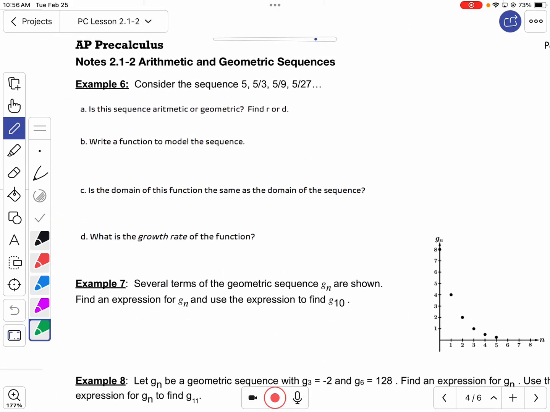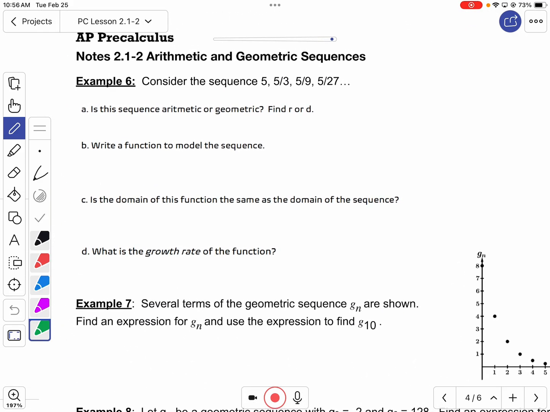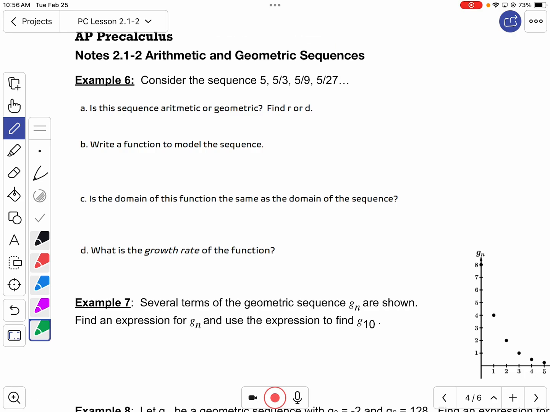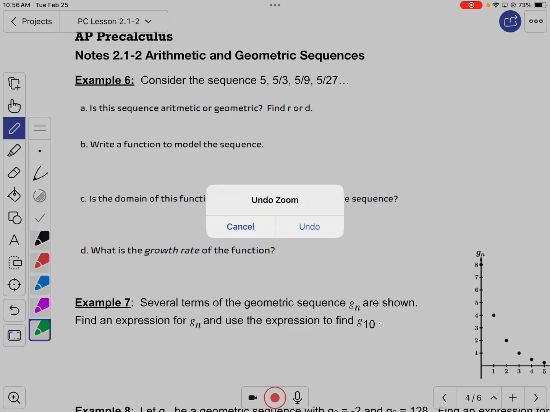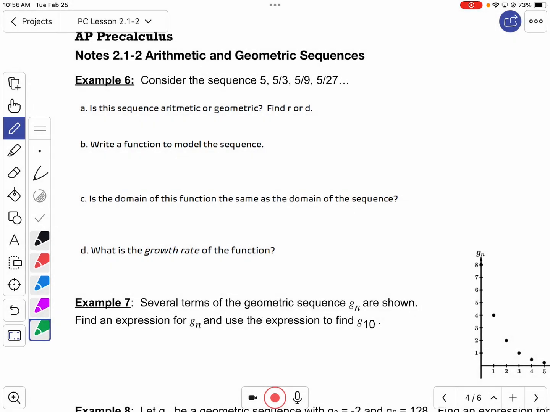All right, check this one out. Here's the one that's got some fractions in it. We're going to think about it a little bit. Arithmetic or geometric?